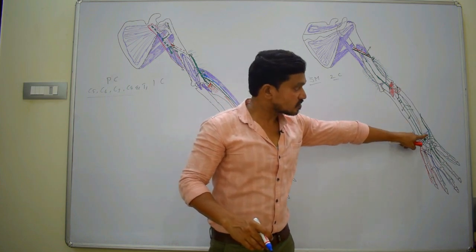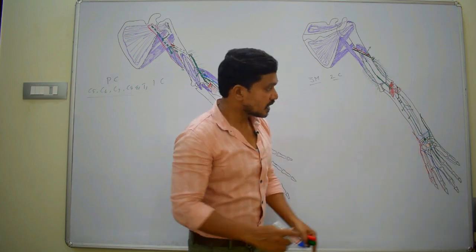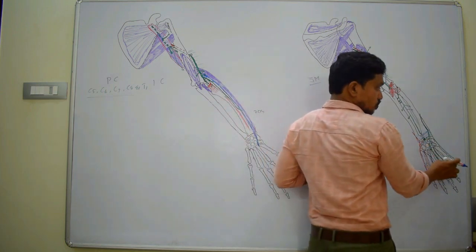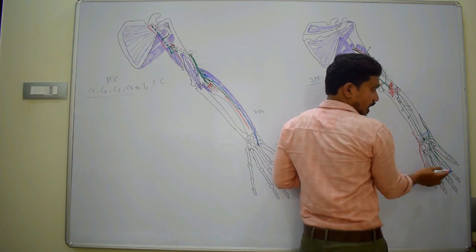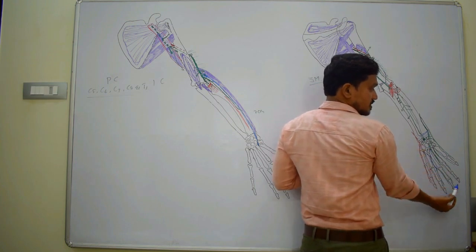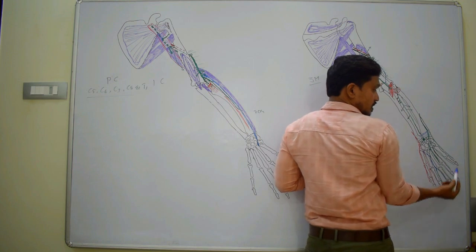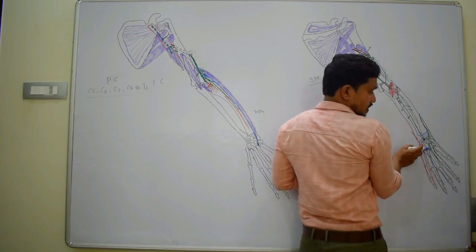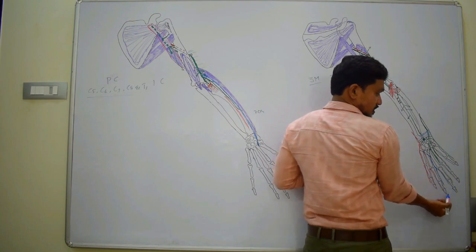Then it descends down up to the anatomical snuff box over the extensor retinaculum and it gives two proper digital branches on either side of the thumb, one proper digital branch along the radial side of the index finger, one common digital branch which will be supplying the adjacent sides of the index finger and the middle finger, then one more common digital branch which will be supplying adjacent sides of the middle finger and ring finger.